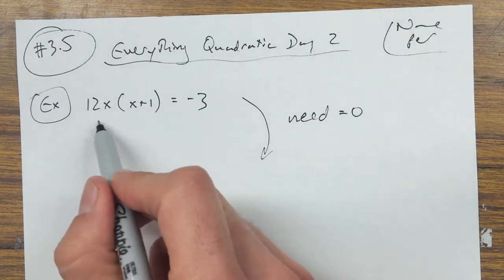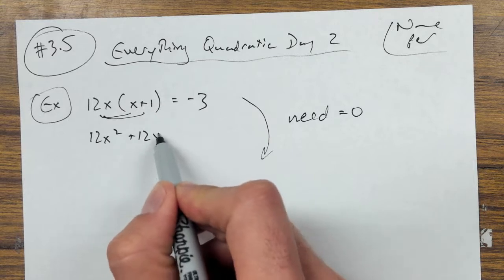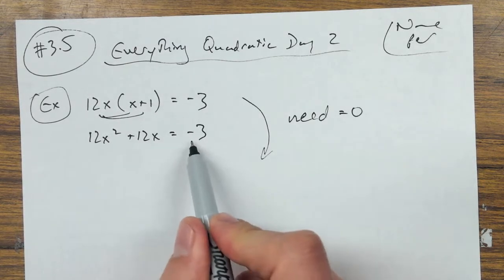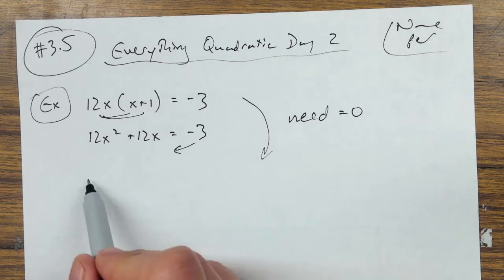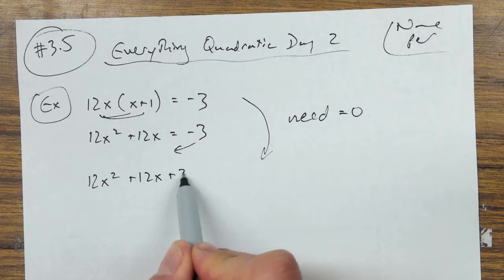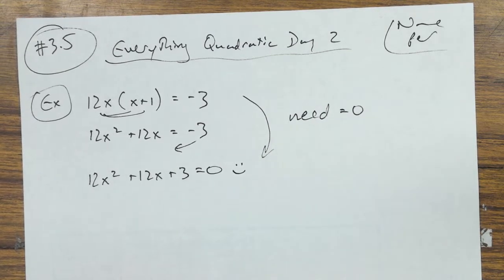So how are we going to get this equal to 0? Let's distribute. 12x squared plus 12x equals -3. And then we'll send the 3 over this way, and we'll get 12x squared plus 12x plus 3 equals 0, and we're good when we get there.